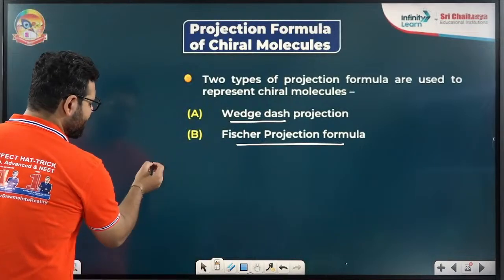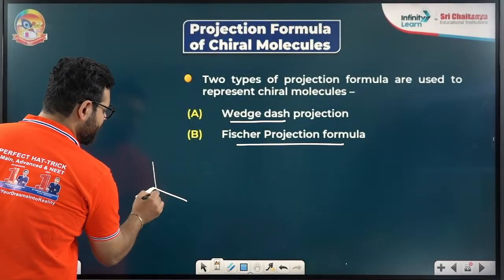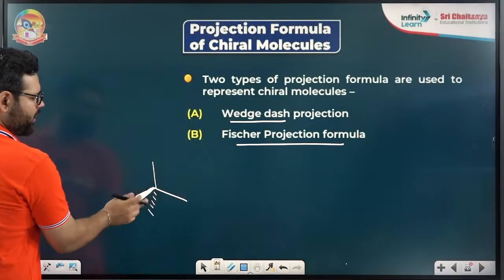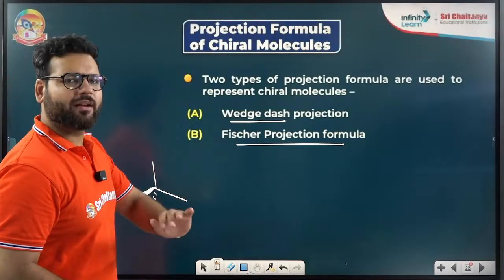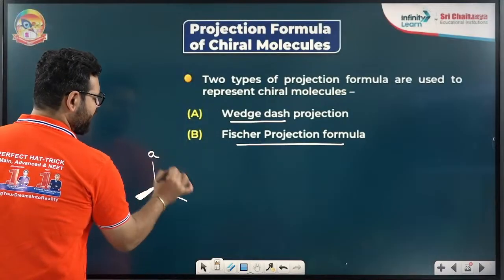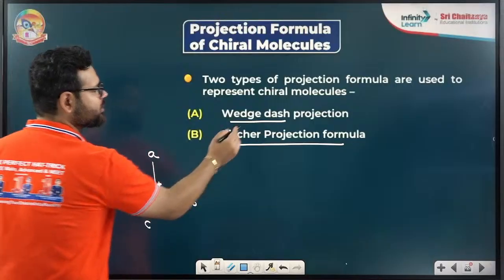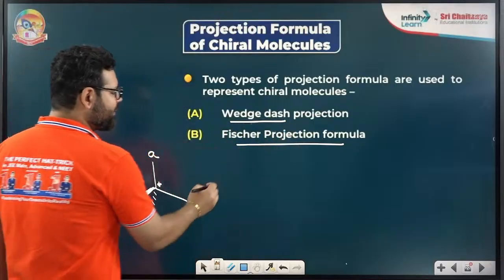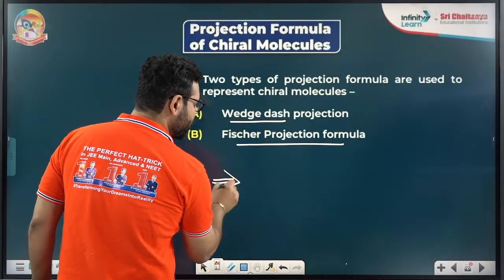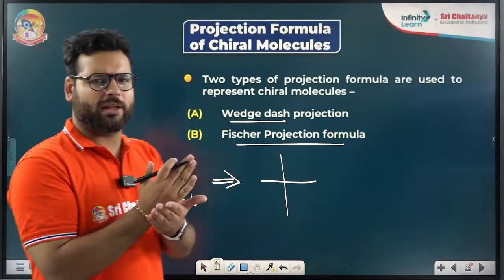A wedge dash means a tetrahedral is mentioned like this, where they have given two bonds on the plane, one bond coming out of the plane, one bond going behind the plane. This is wedge dash, A, B, C, D. This is a chiral carbon. This is wedge dash projection. We must be very good at converting it to a Fischer projection, which looks like a 2D projection, like a plus.